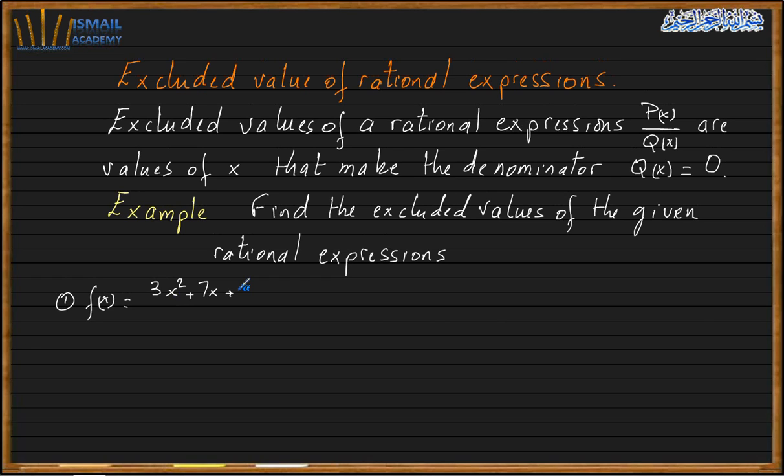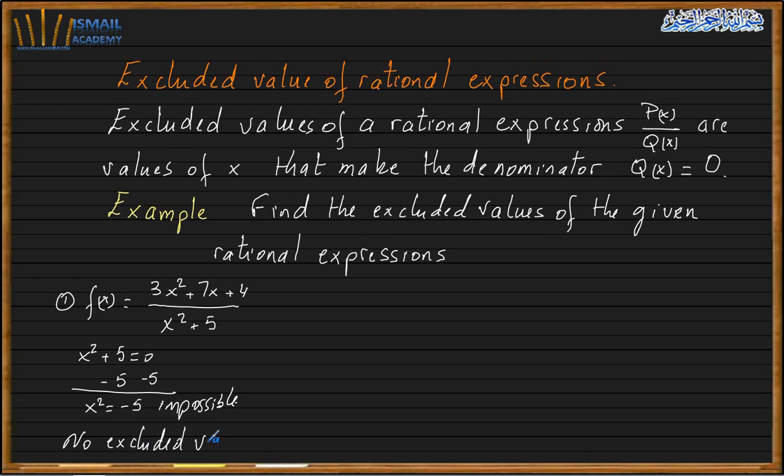Setting x squared plus 5 equal to 0, subtract 5, we get x squared equals minus 5, which is negative. So in that case, there is no excluded value. I mean, every x works for this expression. If I put any x value here, it works.